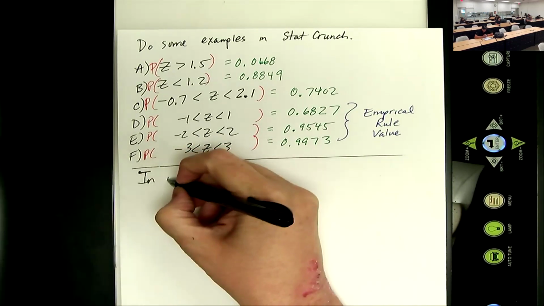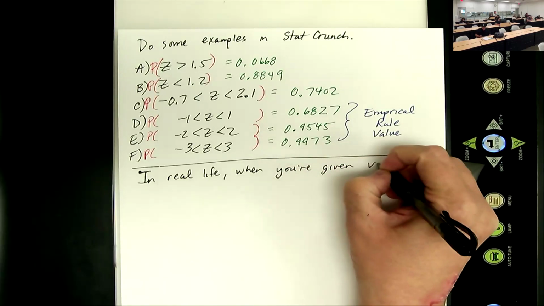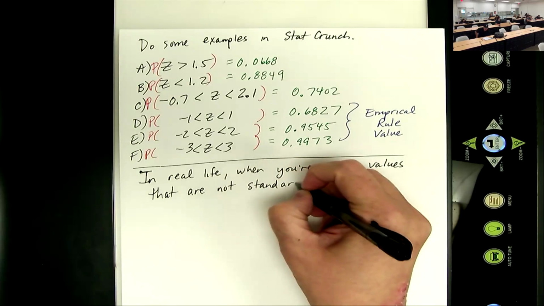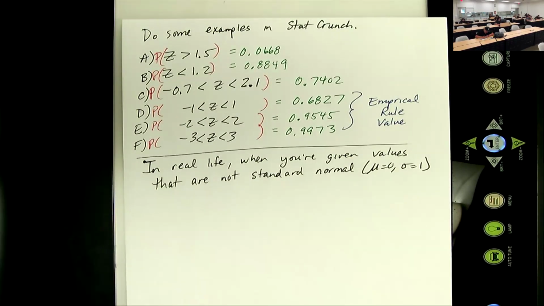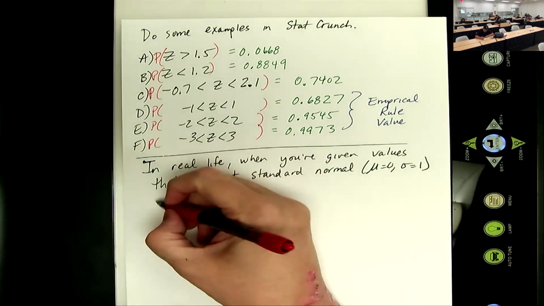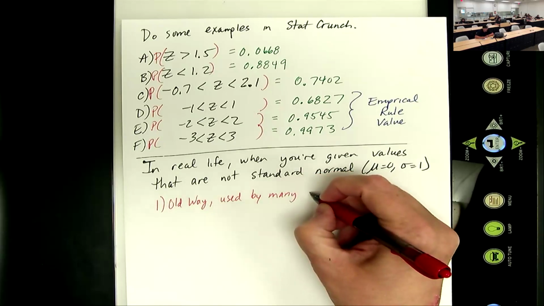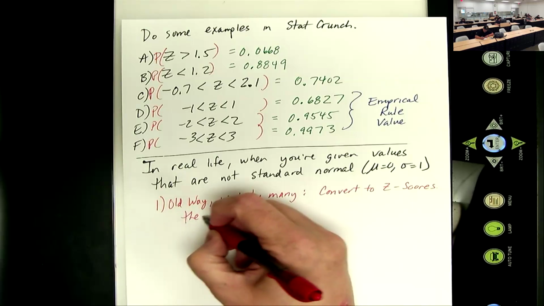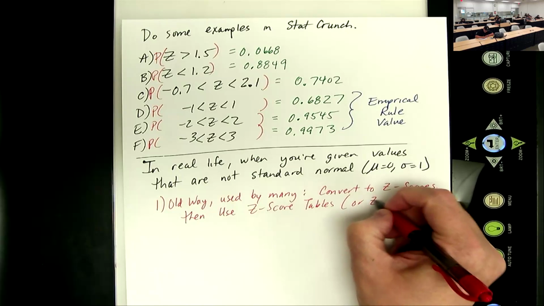In real life, when you're given these weird things that are not standard normal, as in mean equals 0, standard deviation equals 1, the old way, and some still used by many, is convert to z-scores, and then use the z-score tables, or a z-score calculator with a computer.